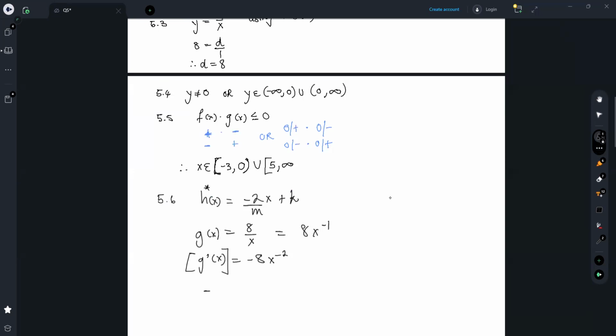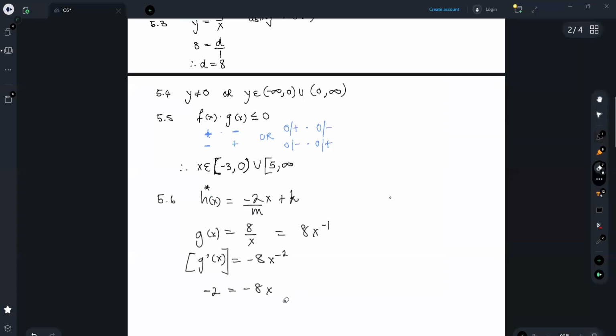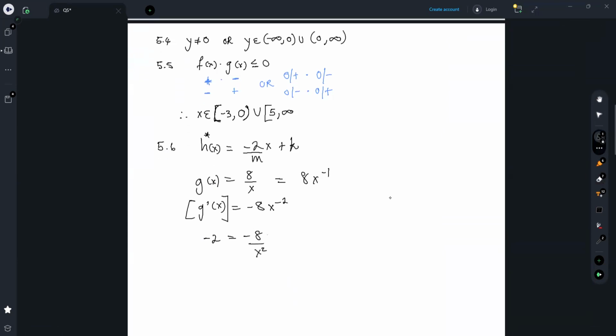So now we're going to have negative 2 is equal to negative 8 x to the power negative 2. Maybe I could just write it like this instead, with my x squared right there. Now I'll multiply both sides by x squared.